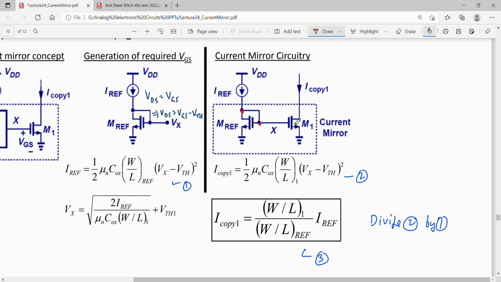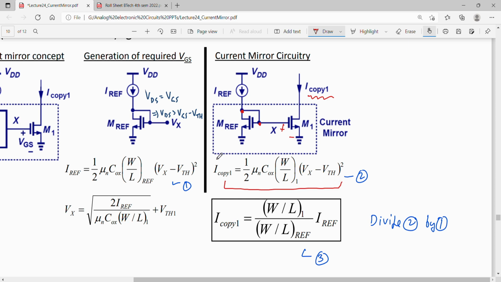And let us assume that M1 is also operating in saturation. So I can write the current I copy 1, that is drain current in saturation for M1, as mu n CoX W by L by 2 (VGS minus VT) whole square. Here VGS is Vx, so I write (Vx minus VT) whole square.